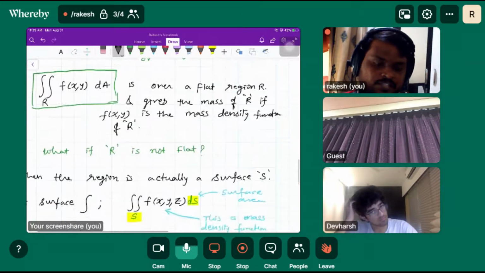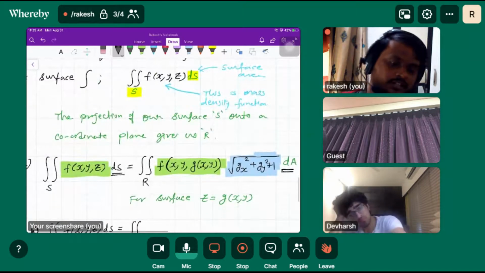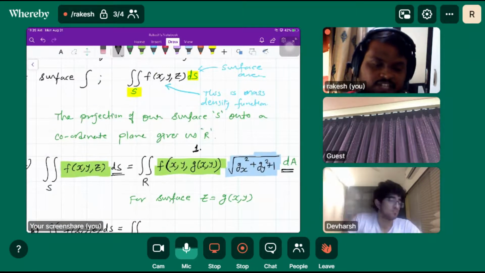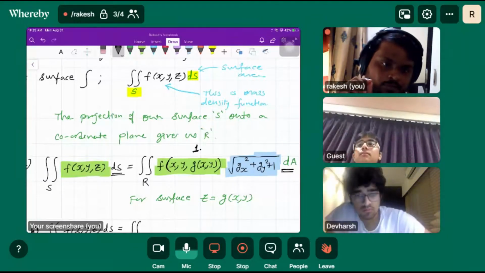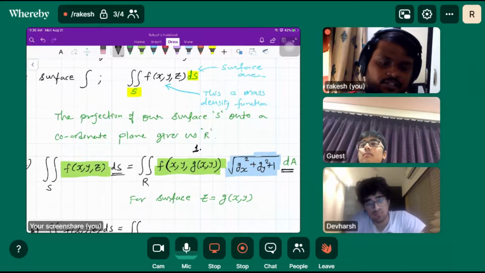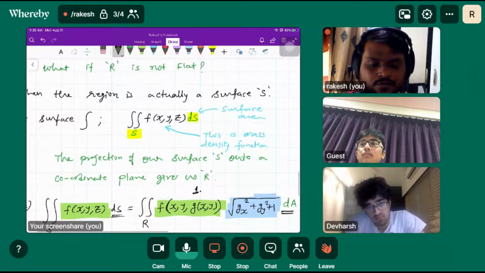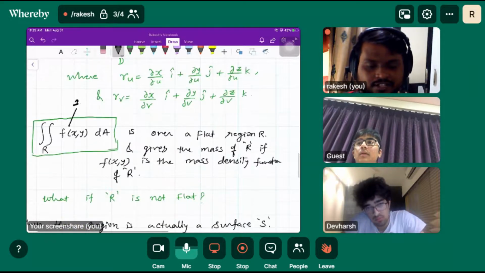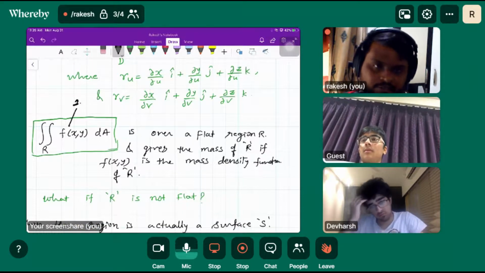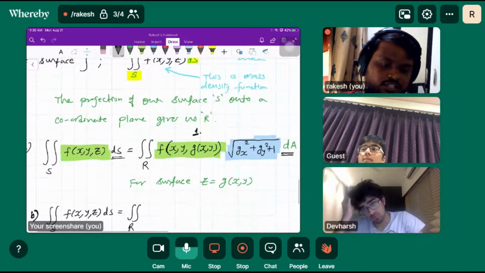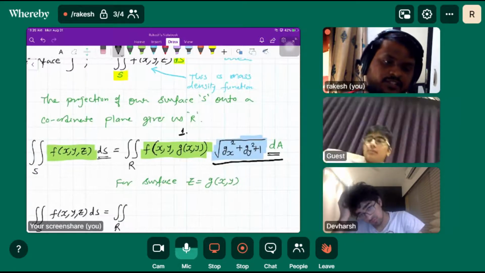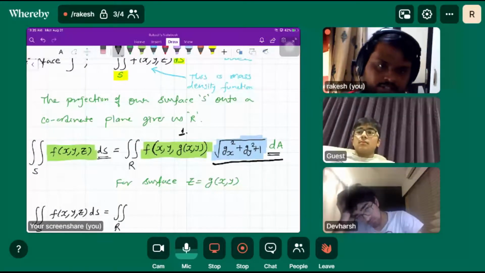And I'm just replacing this part. If you have this mass density function as 1, what will it give you? If you put mass density function as 1 in double integration, what exactly does it give us then? It will give us the area of the region, right? So if the mass density function is 1, the remaining part will give us the area.